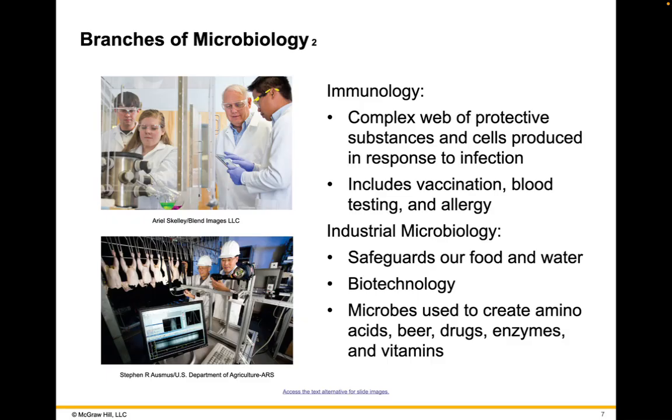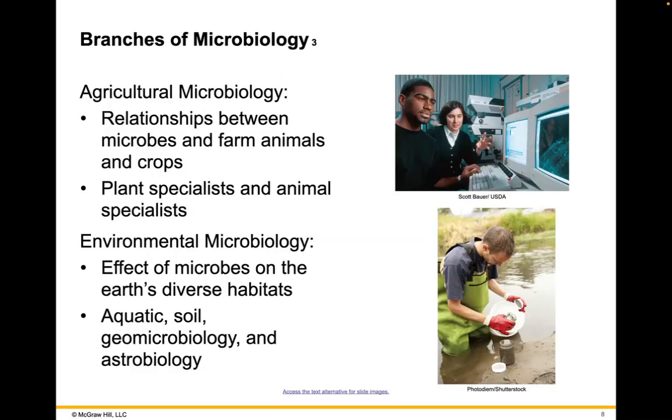Industrial microbiology is safeguarding our food and water in our industry. It includes biotechnology, where we use microbes to actually make products, everything from amino acids, beer, wine, cheese, bread, drugs, vitamins, lots of industry including microbes.